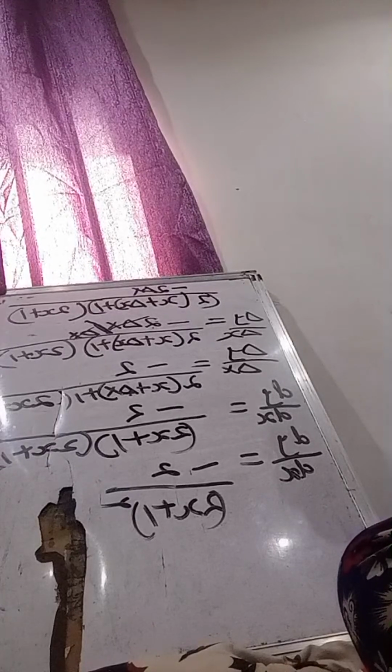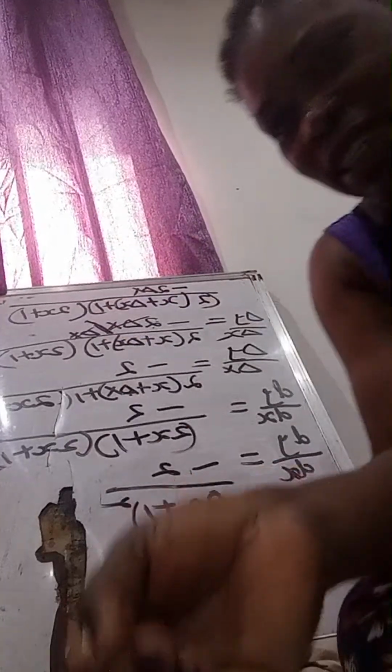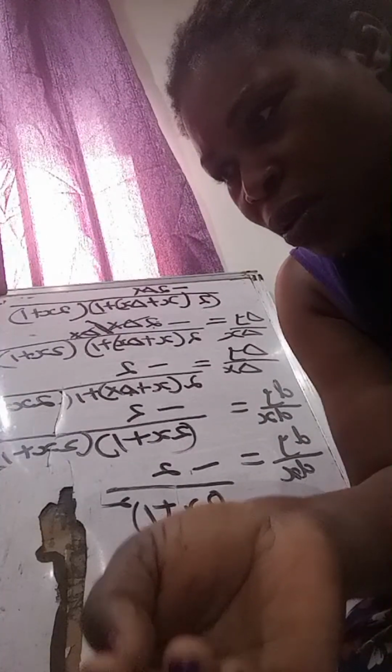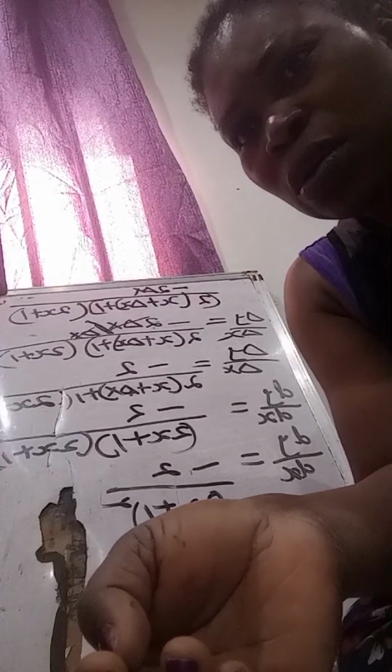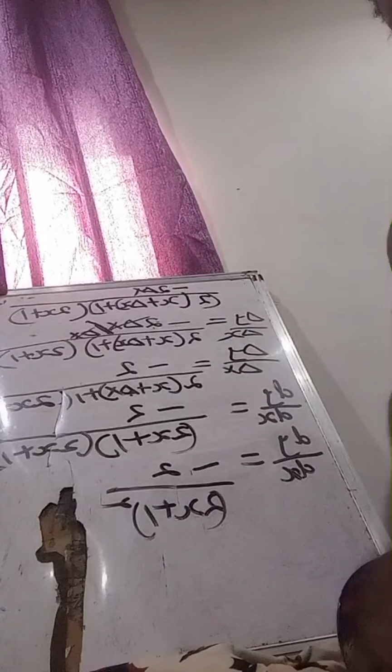Let me understand what you're saying: here I cancelled minus 2 change in x over change in x, and only the change in x cancelled and minus 2 was left. Yes, because change in x cannot cancel 2.